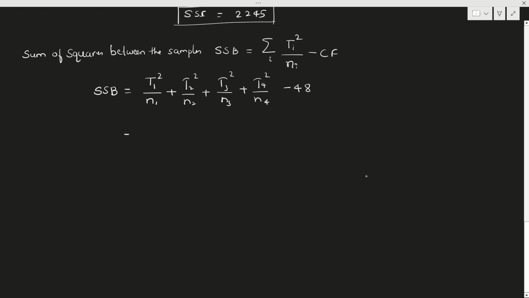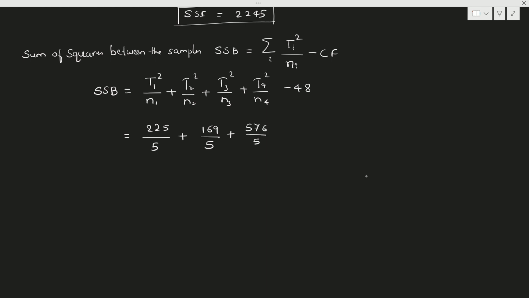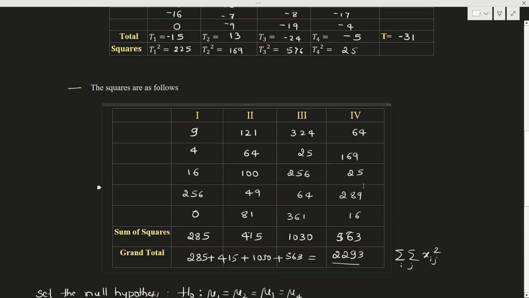T1 square, you will get from the second table, that is 225, number of items 5, plus 169 divided by 5, plus 576 divided by 5, plus 25 divided by 5, minus 48. Where are these values, T1 square, T2 square?